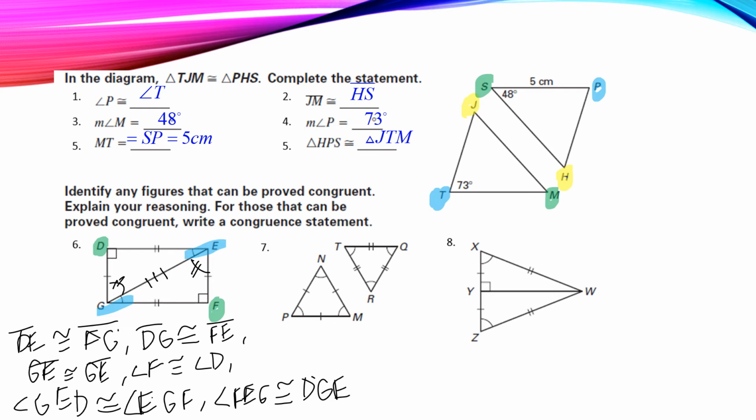And if all of these things are true, which they are, we can say triangle, and make sure you follow the correct order, DEG is congruent to triangle FGE.